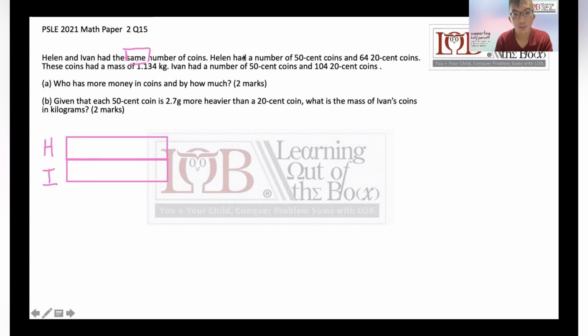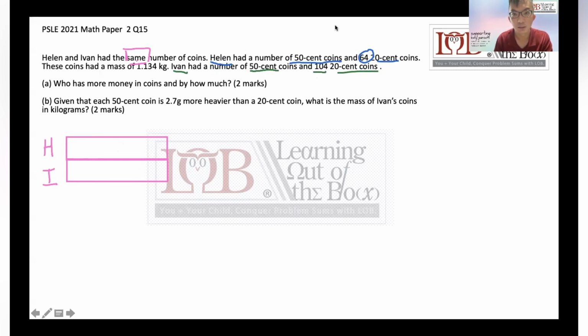Okay, so now Helen had a number of 50-cent coins. Again, let's underline them. Let's underline Helen, then 50-cent coins, and 64 20-cent coins. Then using another color, we have Ivan. So this is like comparison, and everything that you see here are all squeezed inside here.